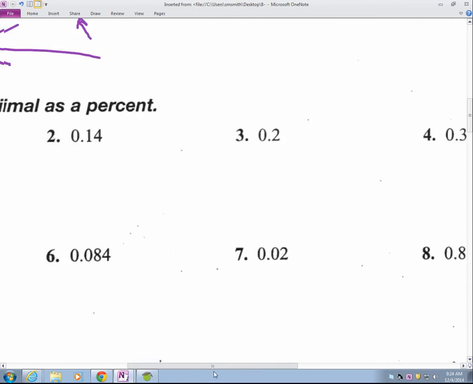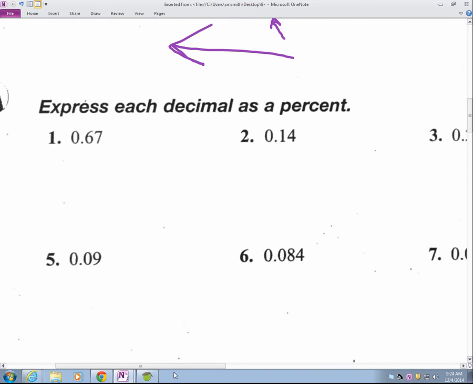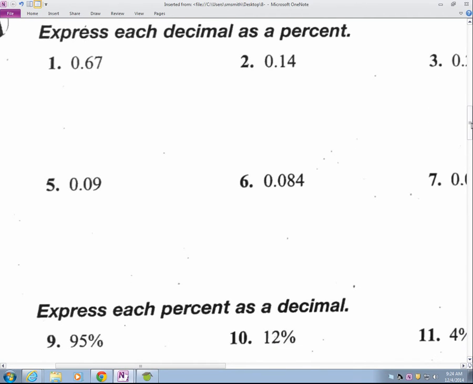All right, so let's do one of these here. Let's do number 6 on the study guide. Express each decimal as a percent. So it's a decimal as a percent. What direction is my decimal point going to be going? Riley: To the right. And how many times is it going to go to the right?